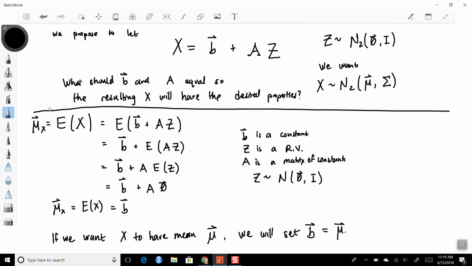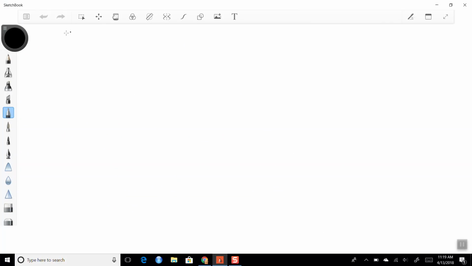All right, what about A? What should we have so that our covariance will have the desired covariance? What's going to be the covariance of this thing?